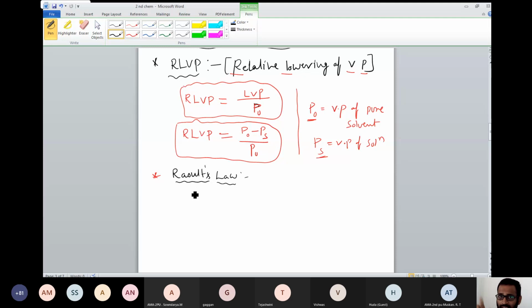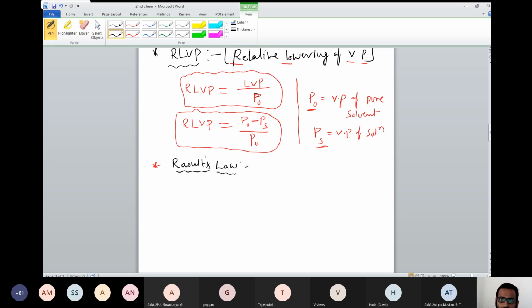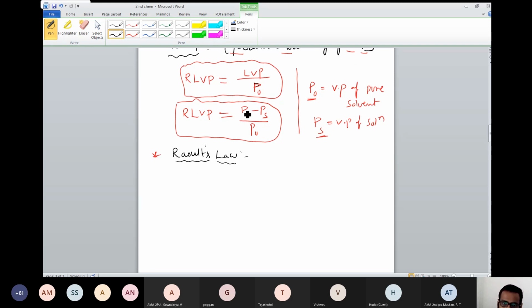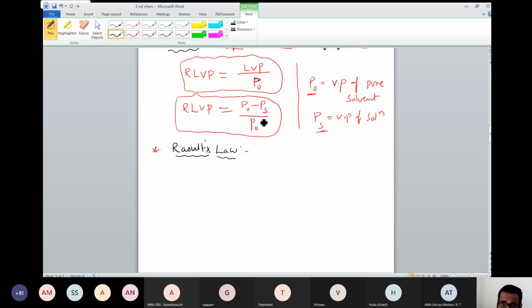P naught is always greater than PS. Then RLVP, relative lowering of vapor pressure, is the ratio of lowering of vapor pressure to the vapor pressure of pure solvent, LVP by P naught. So RLVP is P naught minus PS by P naught.